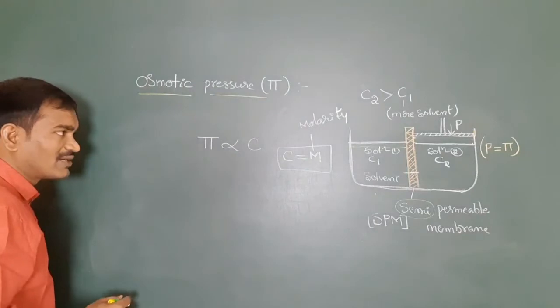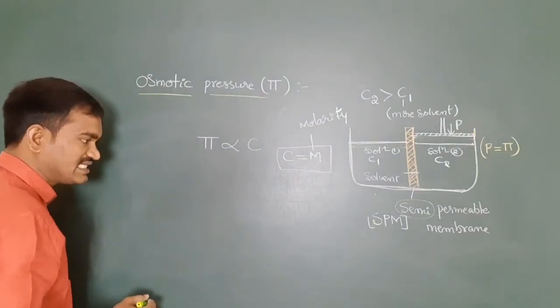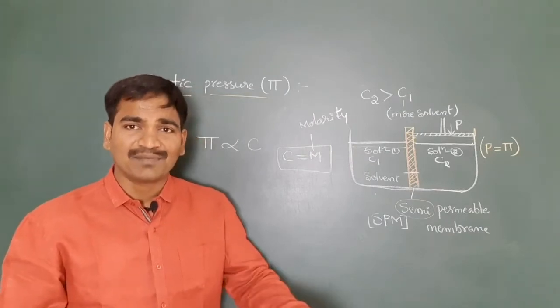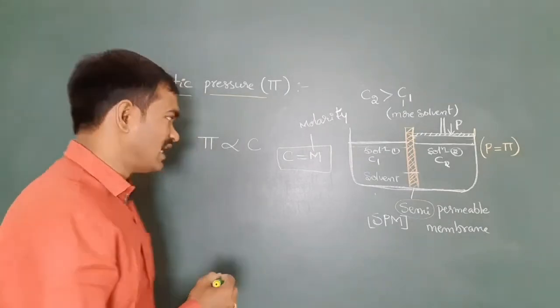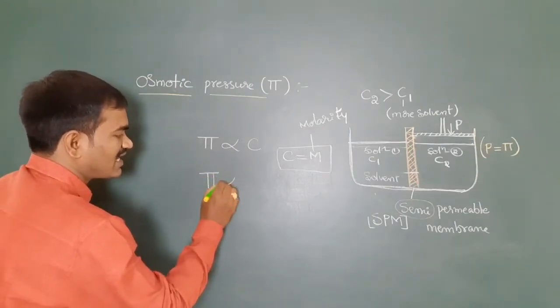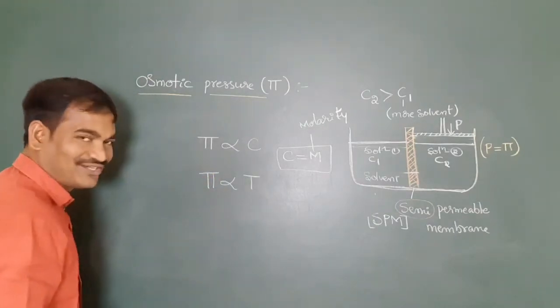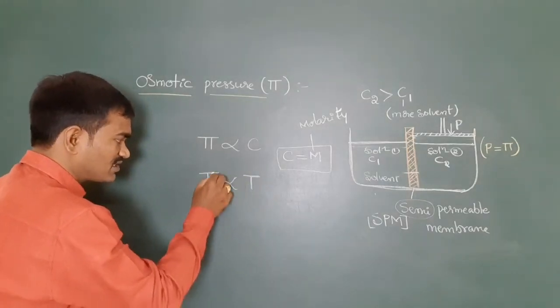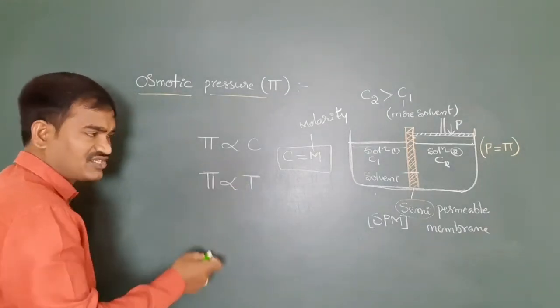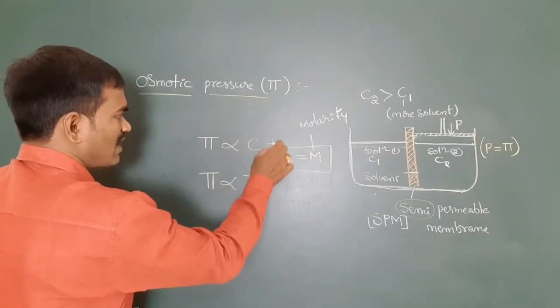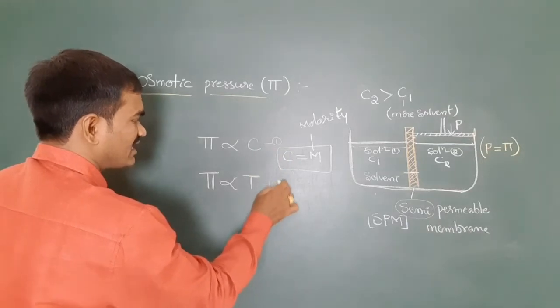Now one more point I want to tell you: you all know very well the pressure and temperature relation. Pressure is directly proportional to temperature. So whenever you increase the temperature, pressure also increases. This is a common relation. This one you take as 1 and this one as 2.